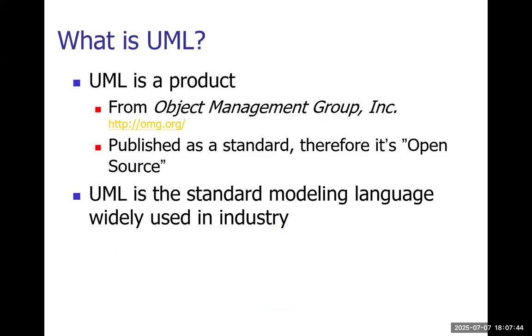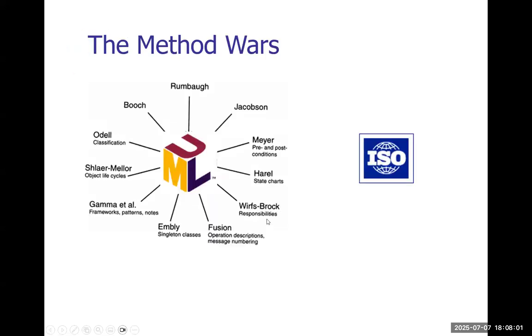Okay, so what model should we use to model the software? Nowadays, we know that we're going to use the UML. UML is a standard modeling language widely used in industry. However, before UML became the standard, back in the 1990s, there were many modelers fighting in what was called the method war.